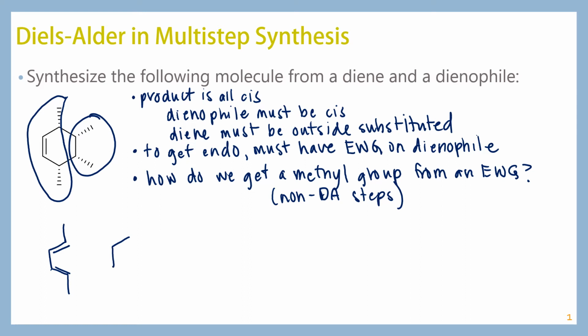What we don't know yet is the identity of our electron withdrawing groups. But we're really close. We know that we need them to end up as methyls, right? So we're going to draw this out on a blank slide so that we have plenty of space.